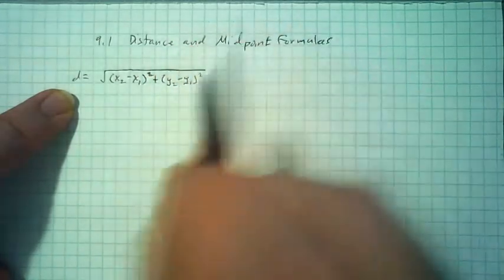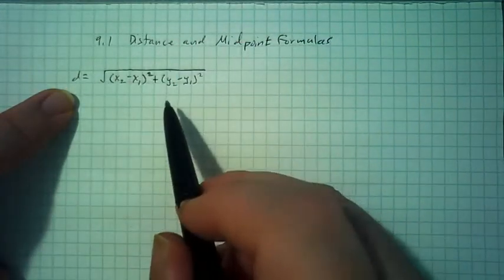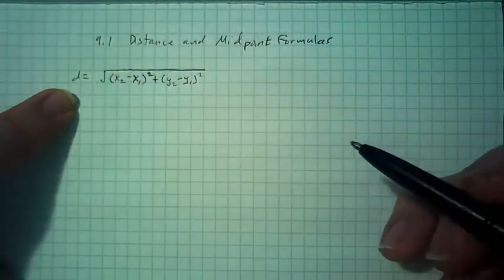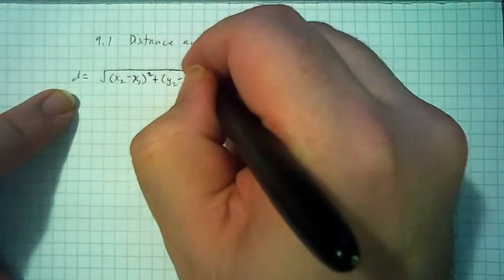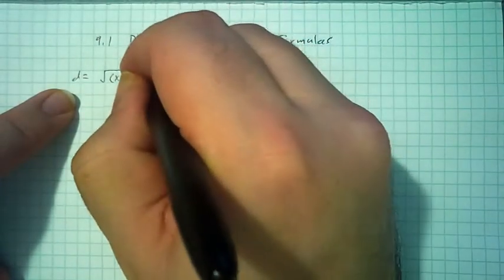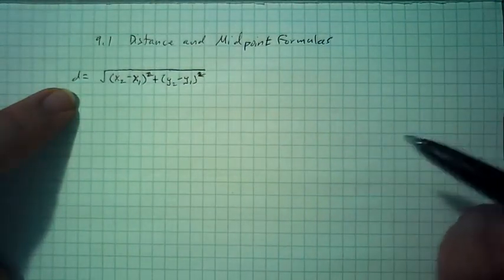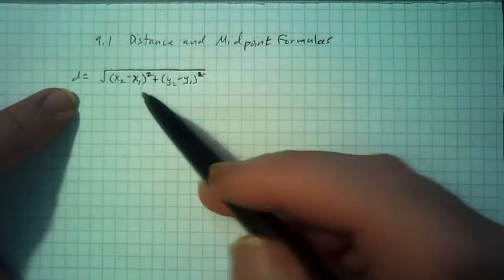Technically, it doesn't matter whether you do x2 minus x1 or x1 minus x2, because you're going to square it anyway, so it will wind up being the same. But a general rule of thumb for differences is to do final minus initial, so the last one minus the first one is a good go-to default for this sort of thing.